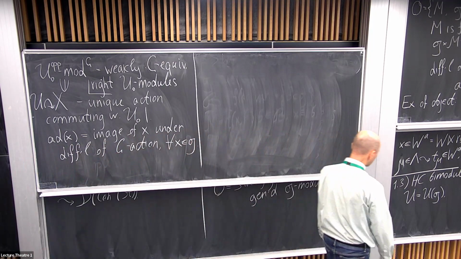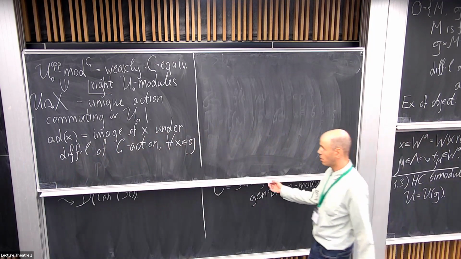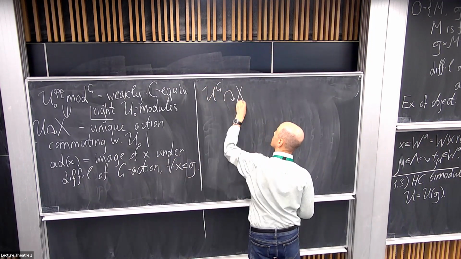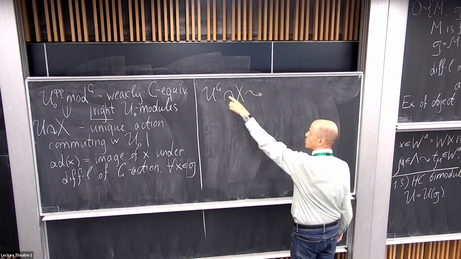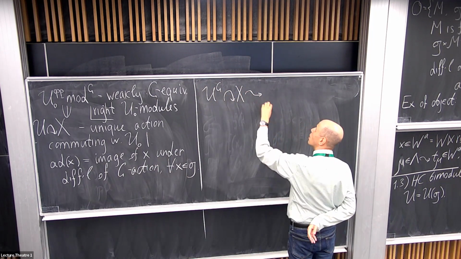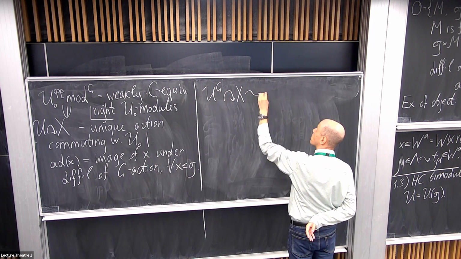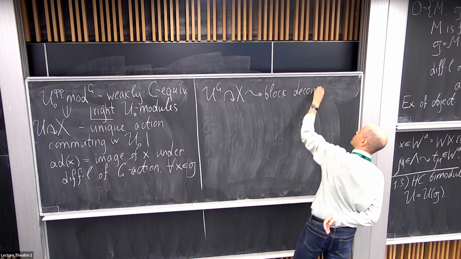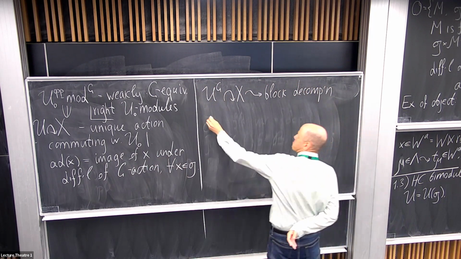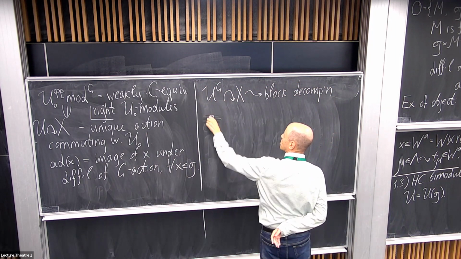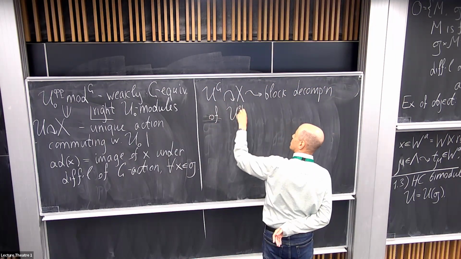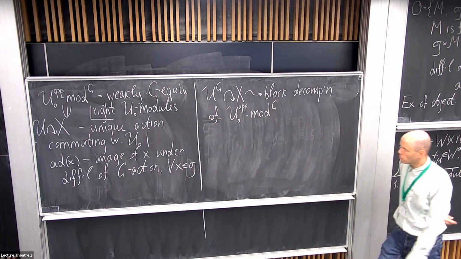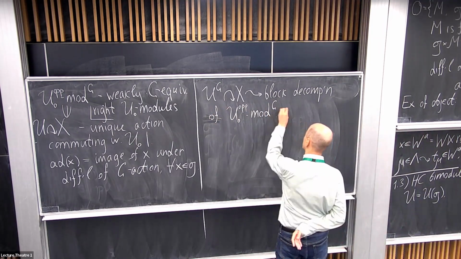Now, similarly to what I had before, I want a principal block, which is defined in the same way. So the action of the G invariant part of U from the left gives a block decomposition of this category of equivariant right modules, and then I can consider the principal block.